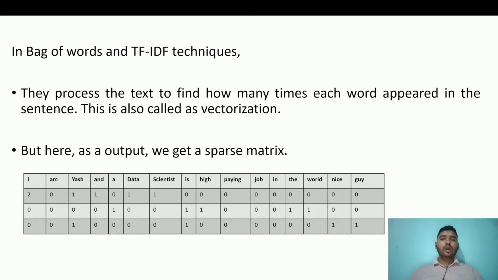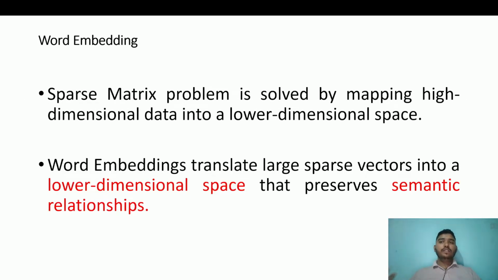So here word embedding is useful for transforming these sparse matrices into dense matrices, or we can say converting this high dimensional data into low dimensional data. The sparse matrix problem is solved by mapping high dimensional data into a lower dimensional space.